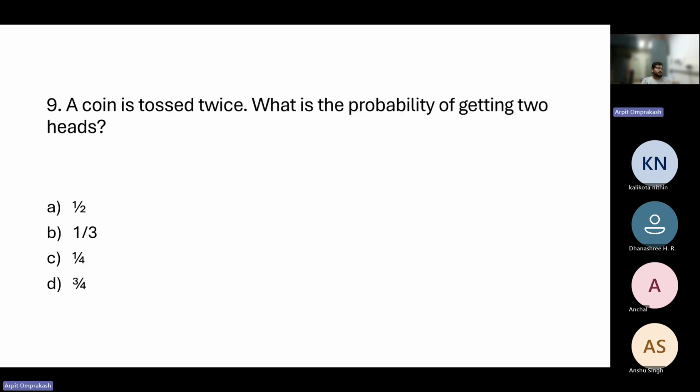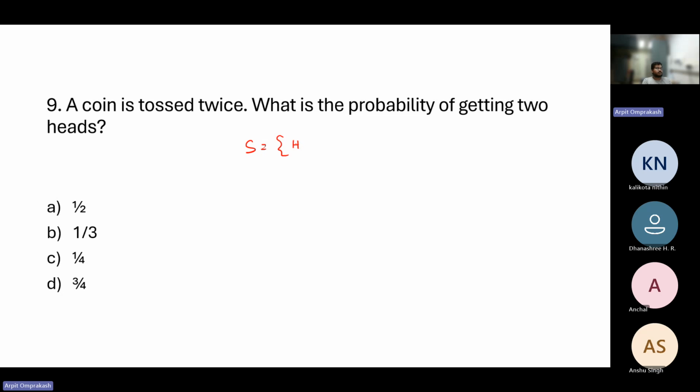A coin is tossed twice. What is the probability of getting two heads? So if a coin is tossed twice, we have talked about sample space, which is all the events that can occur. Let's say if a head occurs, I'll write heads, and if a tail occurs, I'll write tail.